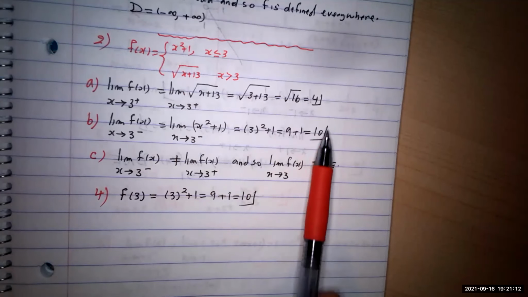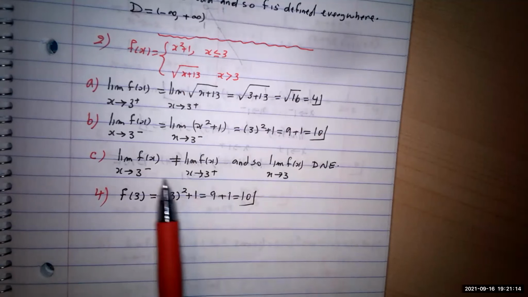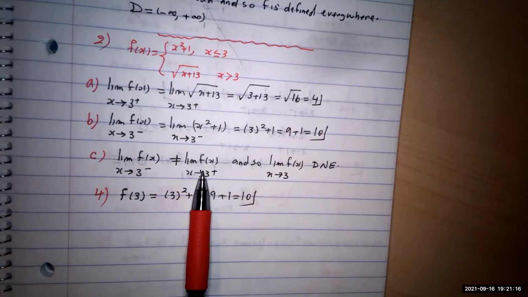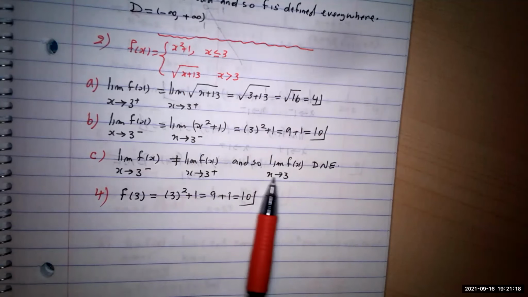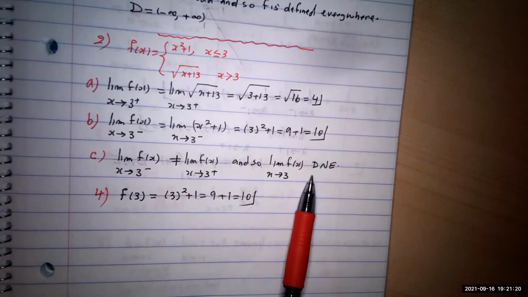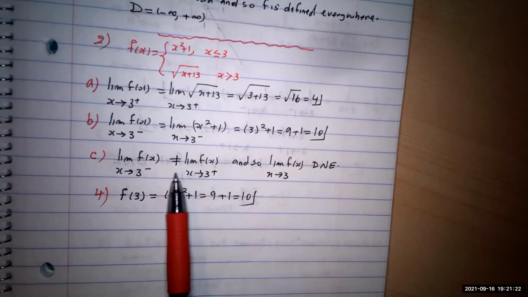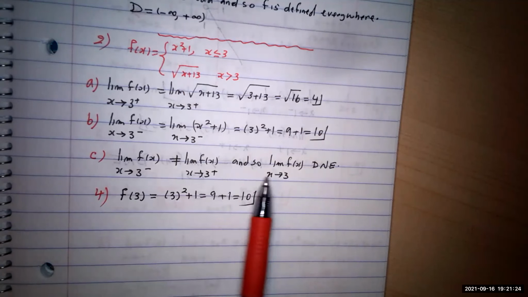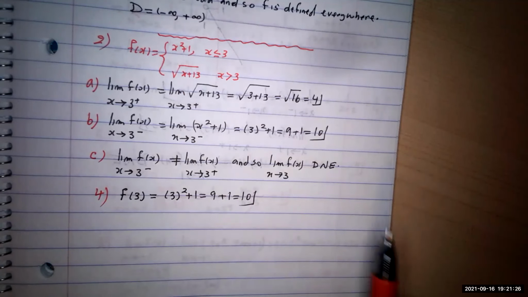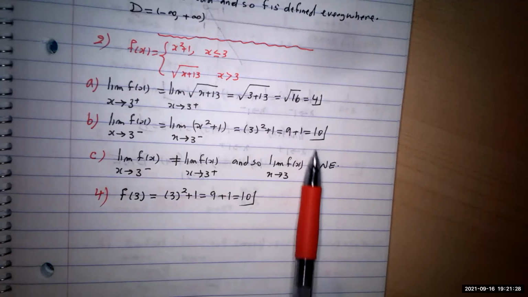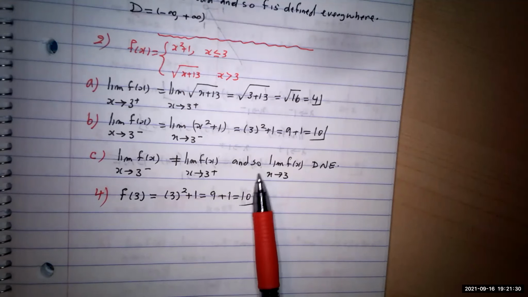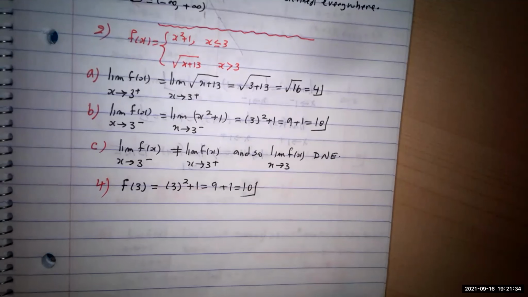Now the right and the left limits are different. You have to tell us. They are different, and so the limit of the function does not exist. You have to give us a reason why this limit does not exist. If they are the same, that same number is going to be your limit. So that's going to be part C. And part 4, the evaluation: f of 3.